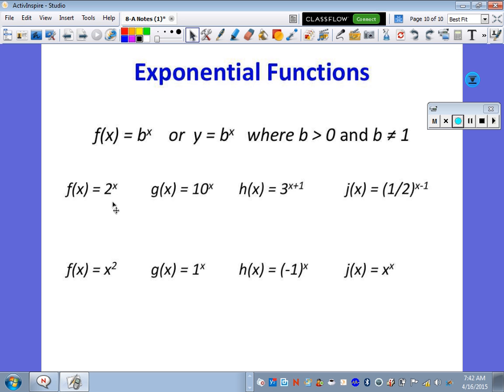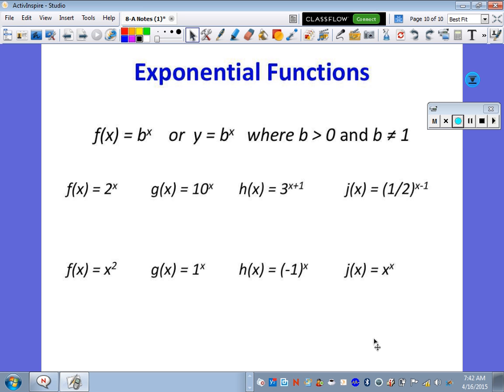Here, 3, caret key, open parentheses x plus 1 close parentheses, because you want to make sure it does that. Here, I would either do 0.5 or you could do 1/2 in parentheses. But when you do the caret key, make sure the x minus 1 is in parentheses. These are just some examples so you can see how that works. Give me just a moment and we'll continue on.